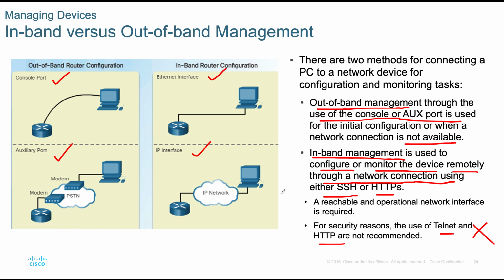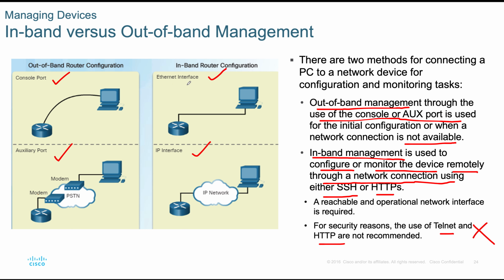Here you are configuring the console port and the auxiliary port. All this configuration that you do regarding your console and your auxiliary is called the outbound router configuration.